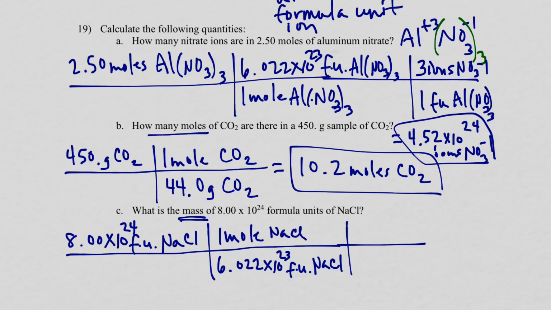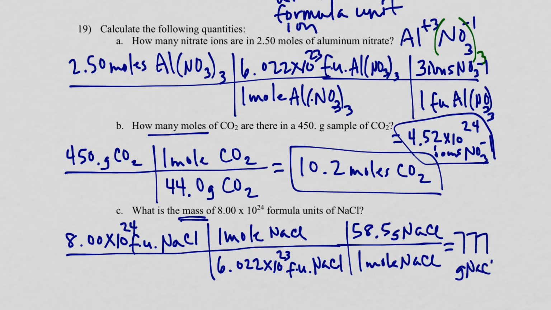Step 2, 1 mole of NaCl for every 58.5 grams NaCl. 1 sodium plus 1 chlorine equals a total of 58.5. The answer is 777 grams NaCl. And I'm just squeezing the units underneath there because I'm out of space.